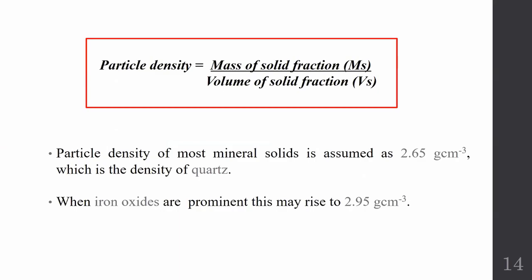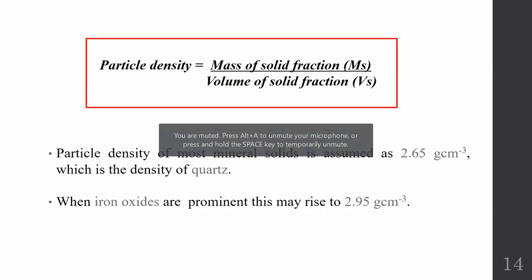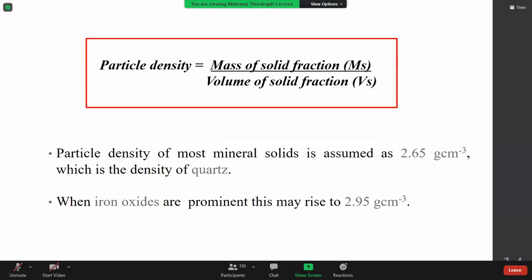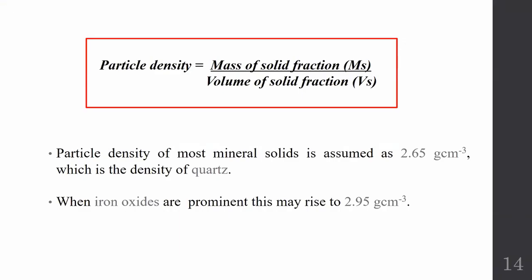We can find the particle density using the mass of the solid fraction divided by the volume of the solid fraction. Normally the particle density of most minerals is assumed as 2.65 gram per cubic centimeter. Normally we use that value.